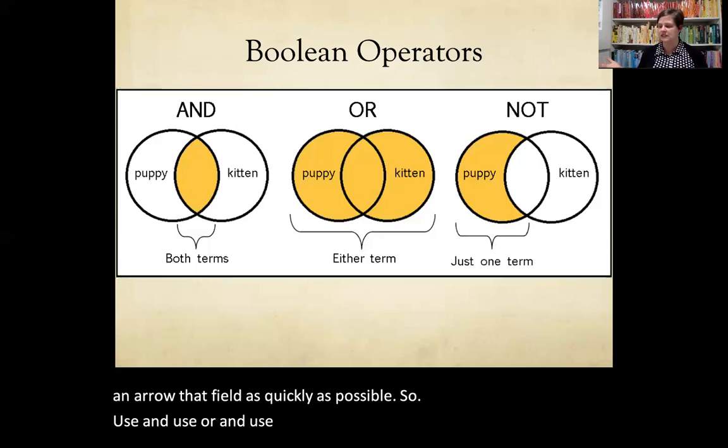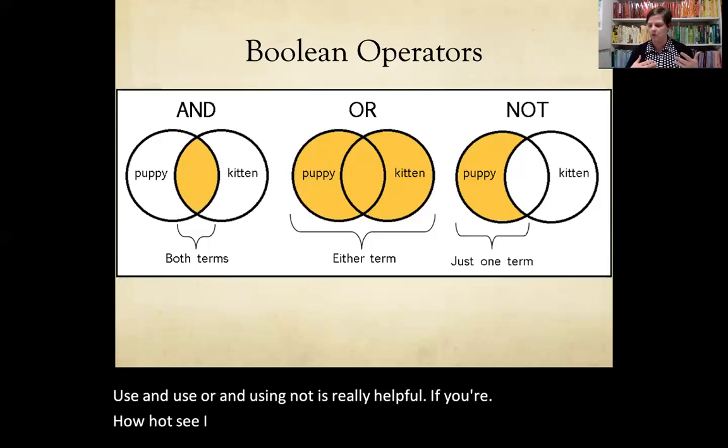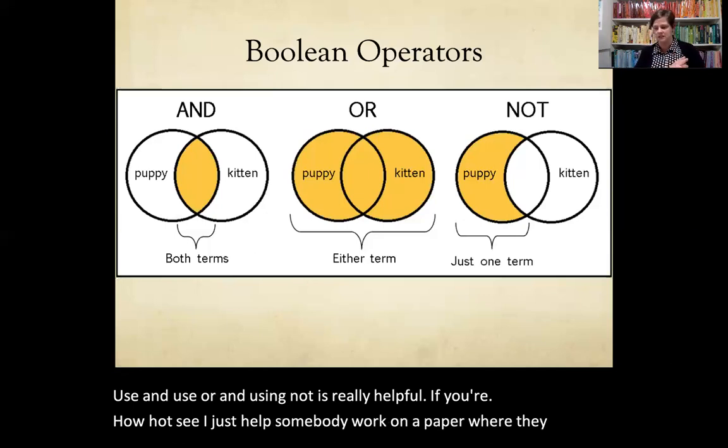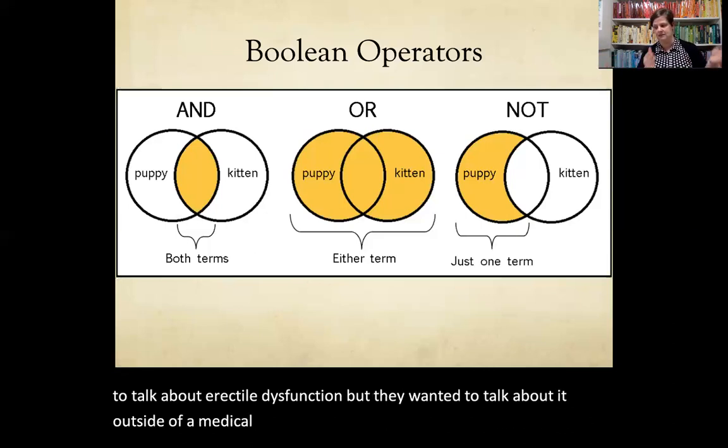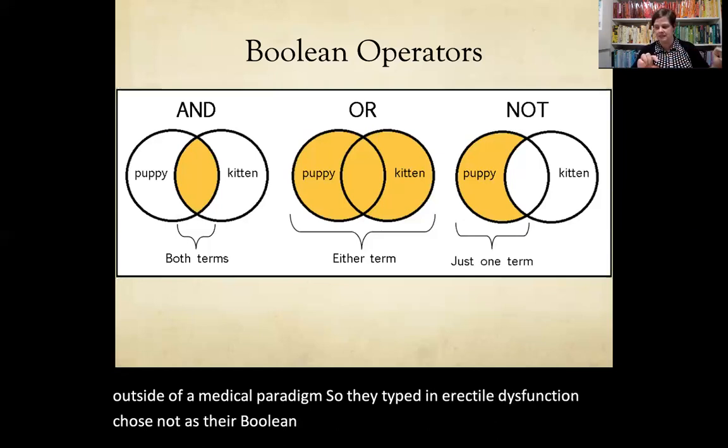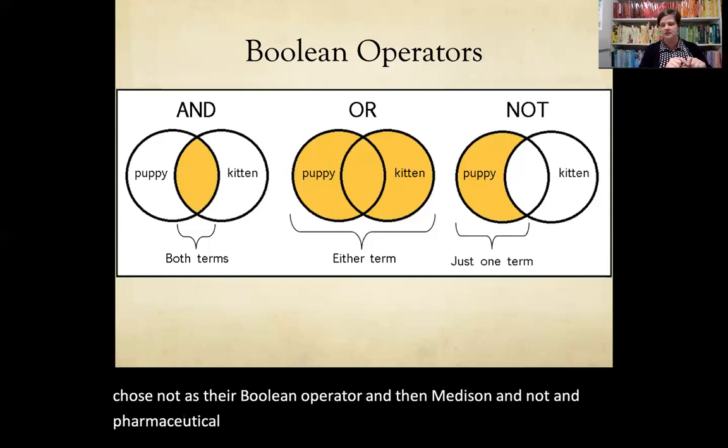Using not is really helpful if you're, oh, let's see, I just helped somebody work on a paper where they wanted to talk about erectile dysfunction, but they wanted to talk about it outside of a medical paradigm. So they typed in erectile dysfunction, chose not as their Boolean operator, and then medicine, and not, pharmaceutical.